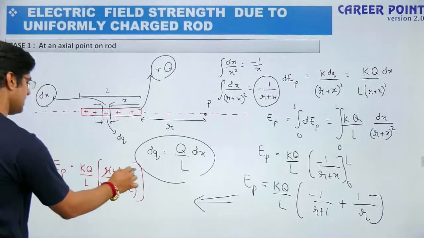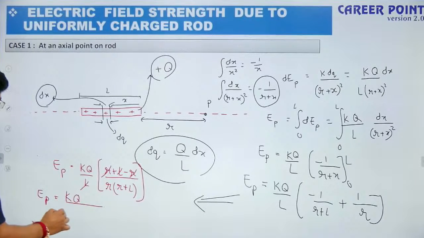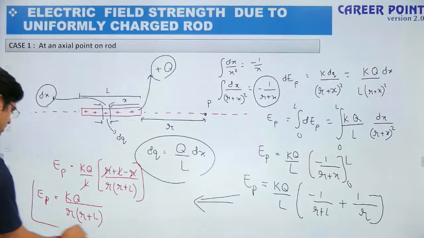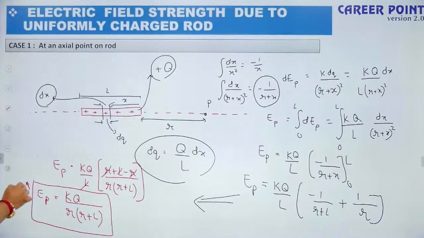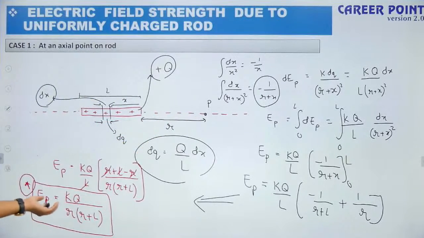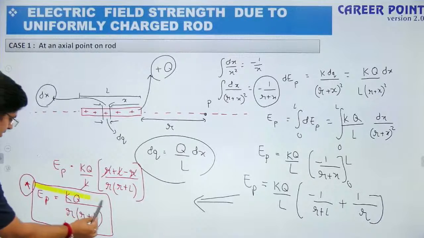So in that case r and r cancel, L and L cancel, and this will give me electric field at point P is equals to kq divided by r into (r plus L). Okay, so this will be the answer. Electric field due to this charged rod at point P will be given by kq upon r into (r plus L). If you are finding it tough to see the answer, I am highlighting it.